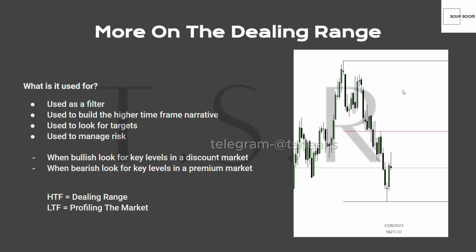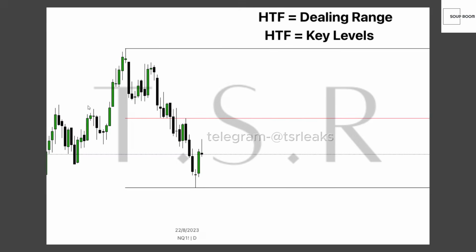Now, if price was above the midpoint and you are bearish, and you have a bearish key level above in a premium, this tells you from a higher time frame perspective that the market will likely turn around at that instant, at that moment. All right, so that's how you use the dealing range to build a higher time frame narrative.